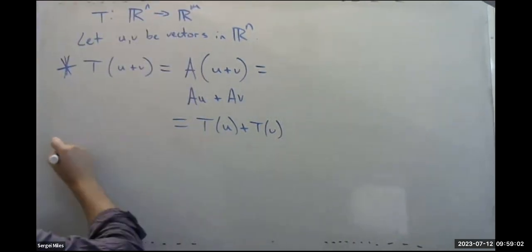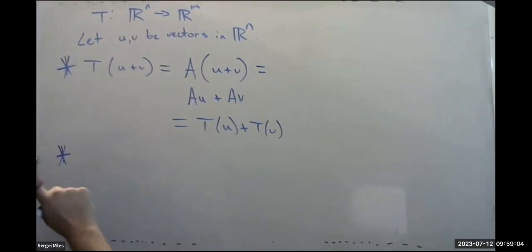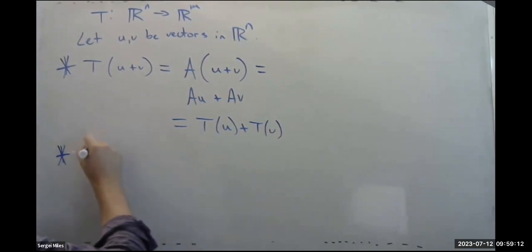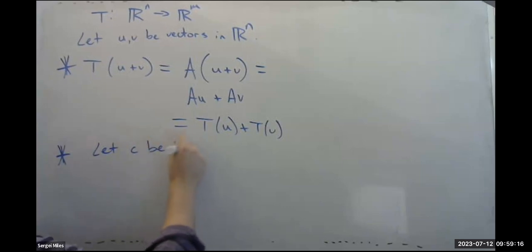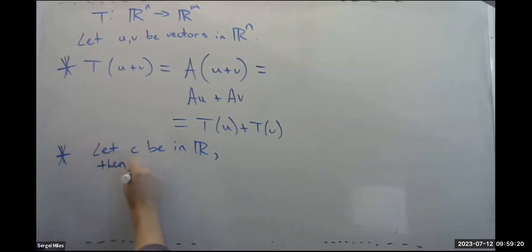Similarly, what else could you do with integrals or derivatives? Well, you might remember that if you have an integral with a constant times a function, you can pull that constant out. It's the exact same thing here. Let c be a constant in R. Then what is T of cu?